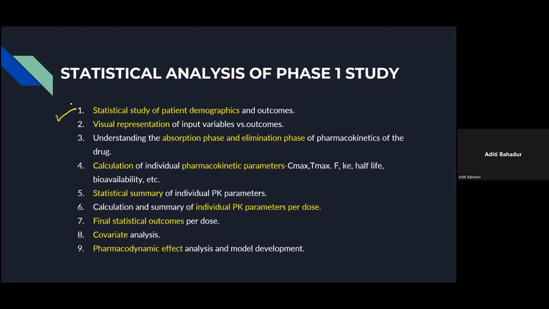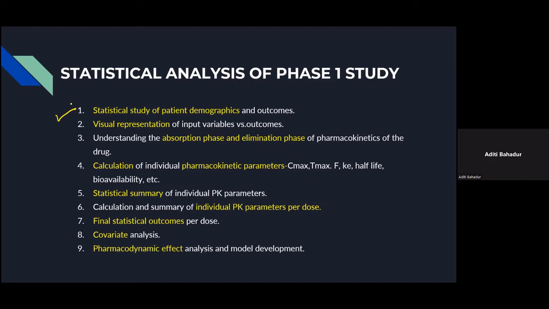Therefore, it's very important to have a statistical summary of different kinds of patients and their outcomes, because we need to see what kind of outcomes they have, depending on what kind of drug we're selecting. At all points, statistical summaries are really important.